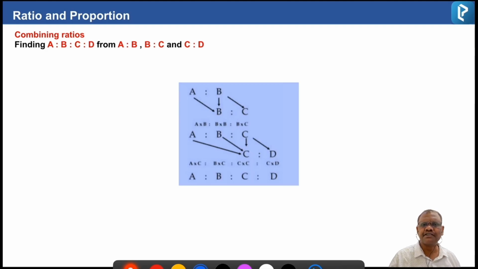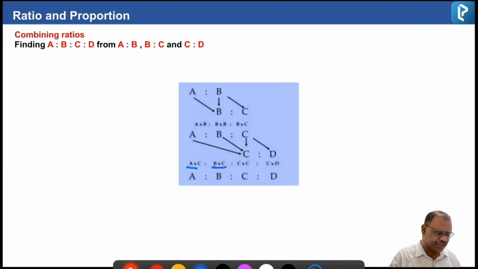First of all, we have to combine the two ratios as we discussed just now. We will get A is to B is to C and then write C is to D such that the common term C is one below the other. And then multiply the first terms, A into C, that gives the first term.